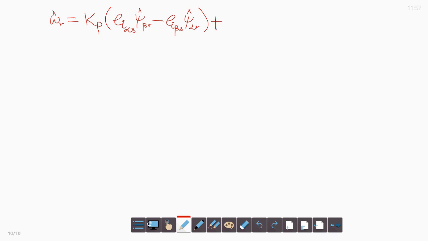To ensure this, we add another term, that is Ki into the integral of EI alpha s into psi beta r hat minus EI beta s into psi alpha r hat dt. So, this integral term ensures that the speed estimation error decays to 0, and the first term ensures the speed response becomes faster, and equation number 16 is satisfied, so that the speed estimation error as well as the estimation error decays to 0.